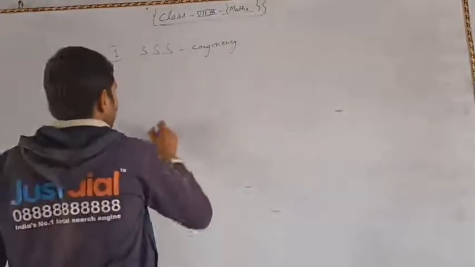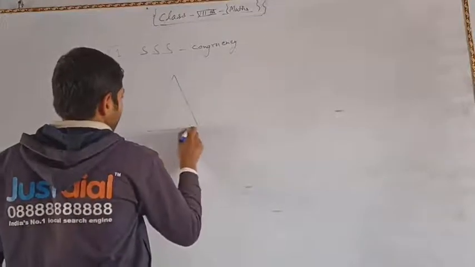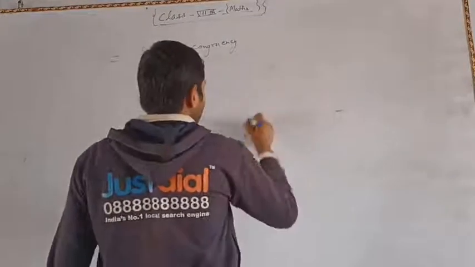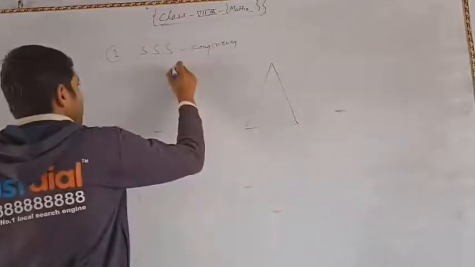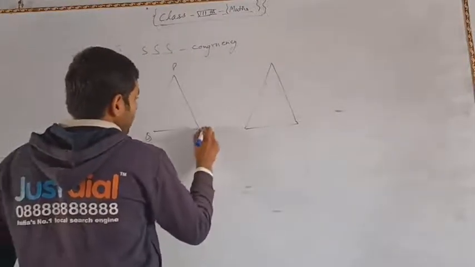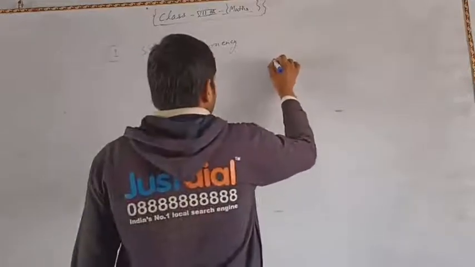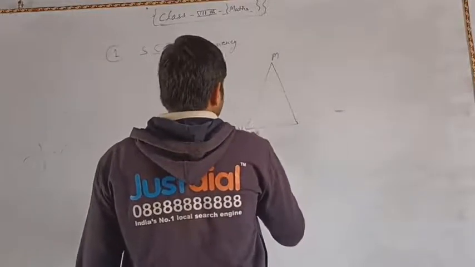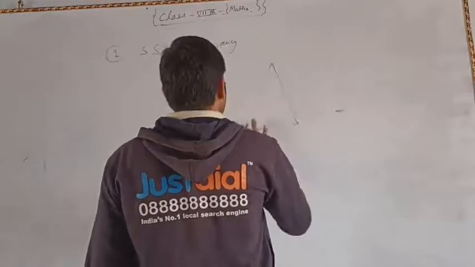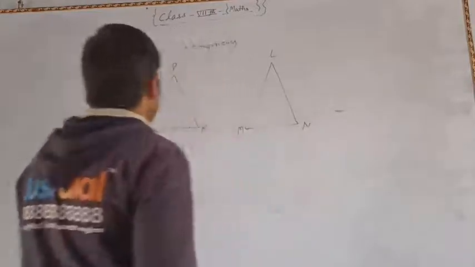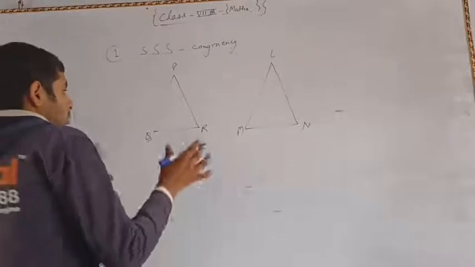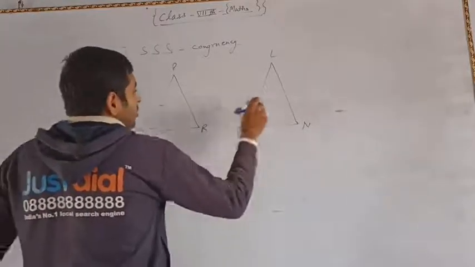If you have two triangles, this PQR and this LMN, you can see that this side is equal to this side.